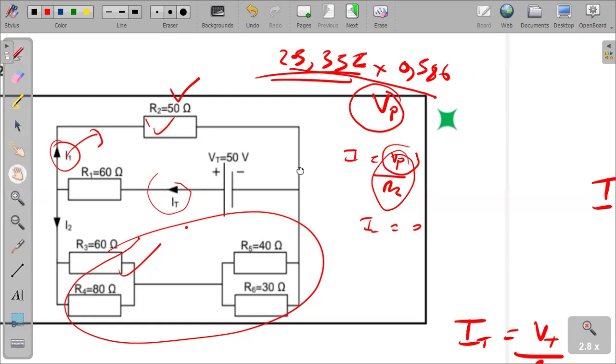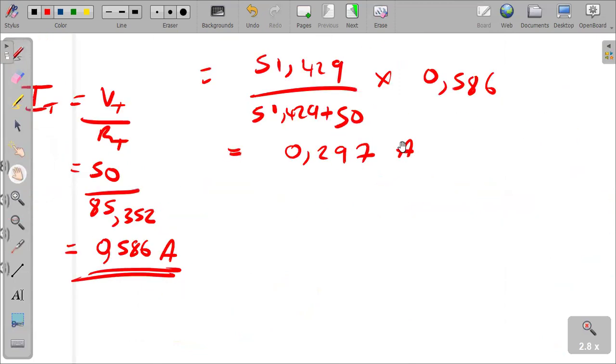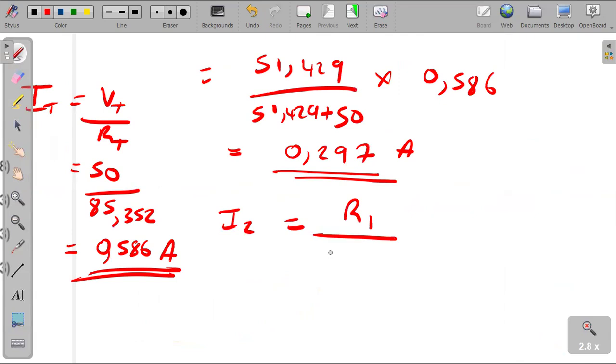So I will not do that. I've already used this other method here. Okay, let's quickly go to the next question. The next question is now saying, so you may try also to do that other method there, and you see that you still arrive at the same answer here, right? I2 now, you can still repeat yourself. You can still say R1 over R1 plus R2 multiplied by I total.